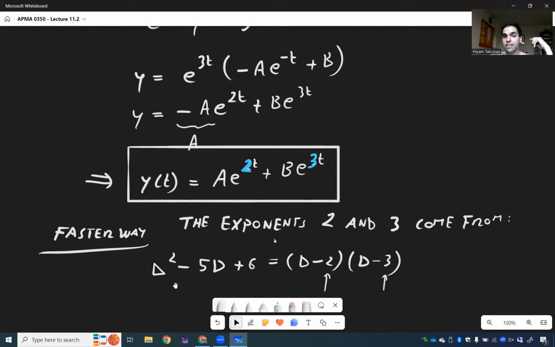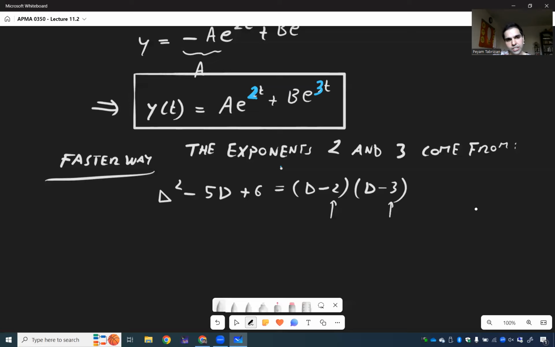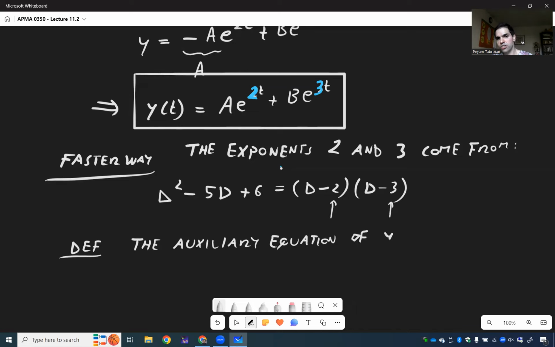And in fact, this equation is so important, this is called the auxiliary equation. So definition, the auxiliary equation of our differential equation, y double prime minus 5y prime plus 6y equals 0, is simply r squared minus 5r plus 6 equals 0.